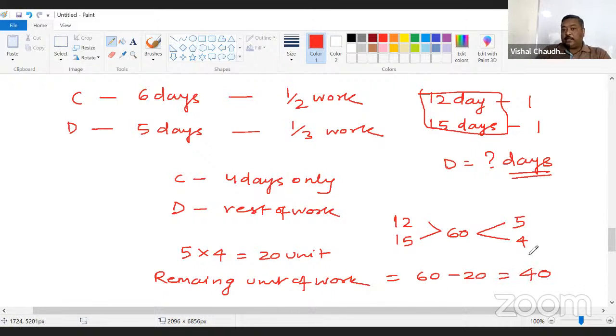Who will complete this work? D will complete, because the question is saying D will complete the rest of the work. So how many units is he doing? 4. How many days is he going to take? So D is going to take 10 days. Did you get my point?